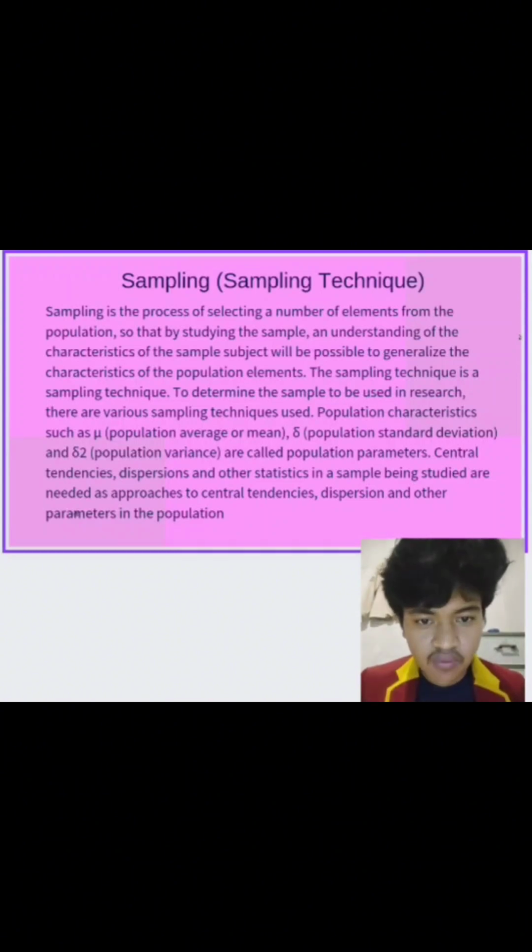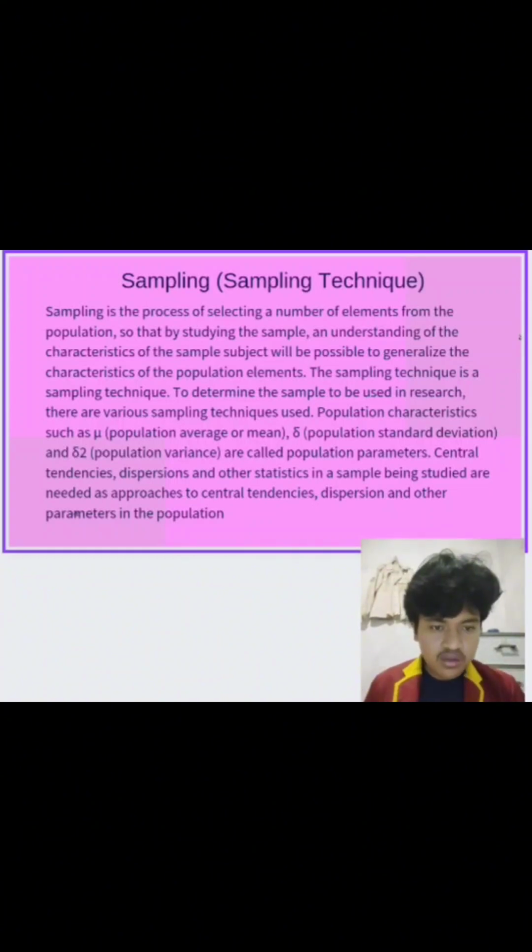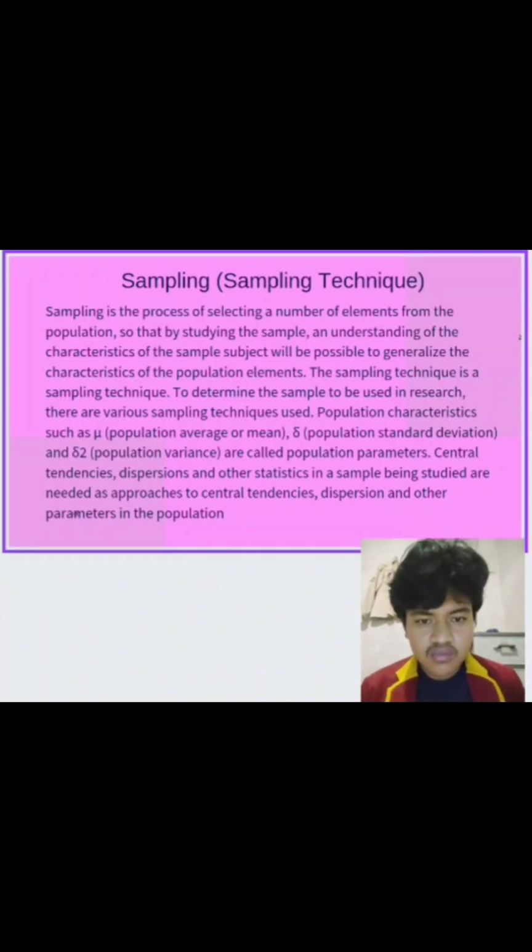There are four sampling techniques used. Population characteristics such as population mean, population standard deviation, and population variance are called population parameters, central tendency, dispersion, and other statistics.